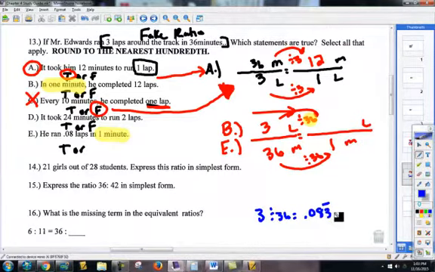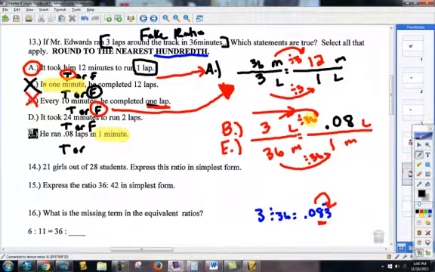Now, remember, as it says here, we round to the hundredths. Everything we've done so far, money, everything's rounded to the hundredths. So I'm going to look there, and that's either going to be 0.08 or 0.09. Obviously, the 3 is going to tell that 8 to stay put at 0.08. So right away, I have just proved that B is false, right? And E is true. So E must be an answer.